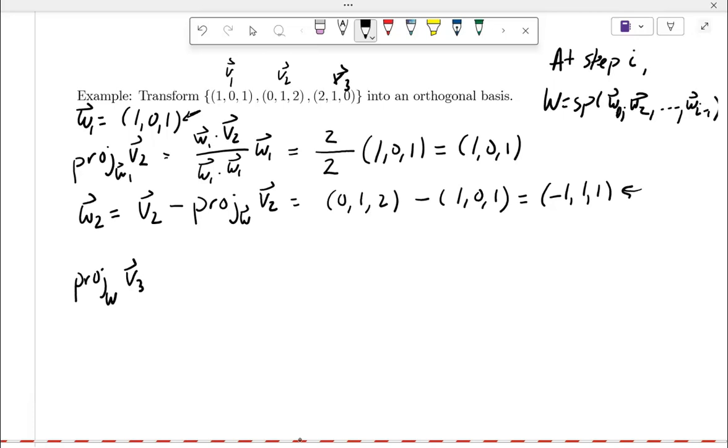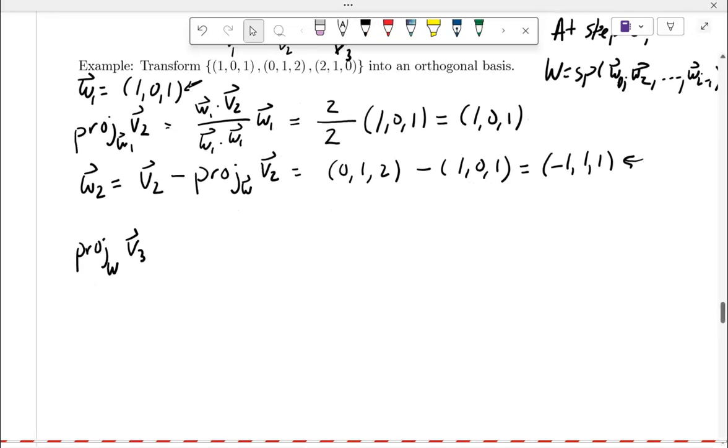Okay. At any given step, it's always the span of the previous ones. So with your V3 here, you'll do your W1 dotted with V3 over W1 dotted with itself times W1, and then you do the same thing, except replace the ones with 2's.